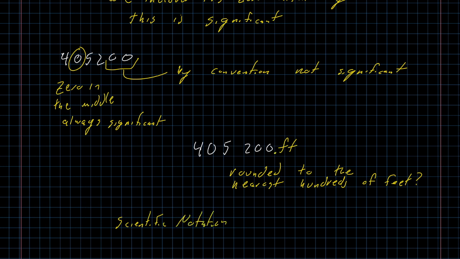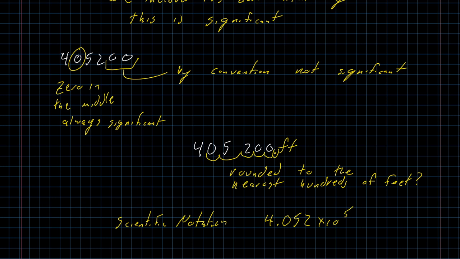All right, so the decimal point is usually here. 1, 2, 3, 4, 5 places is where I would have to move it. So if I called this 4.052 times 10 to the 5th, it's the same value in scientific notation.